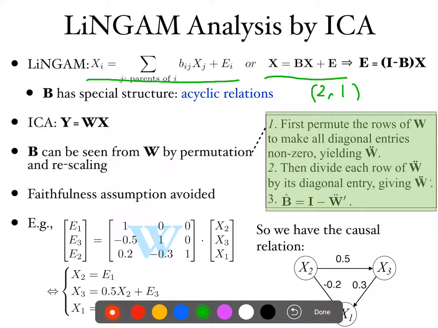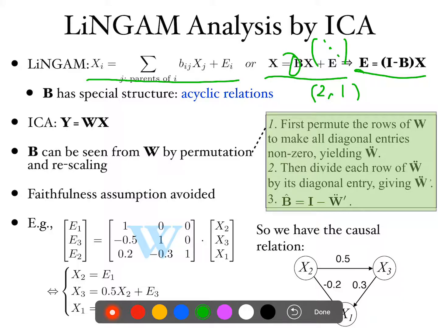It's non-zero if there's a direct edge from x1 to x2. So this is called the causal influence matrix. All diagonal entries of B will be 0. So you can see, e is a linear transformation of x. e is the vector of independent error terms or noise terms. They are independent. However, they are just a linear transformation of the observed variables x.